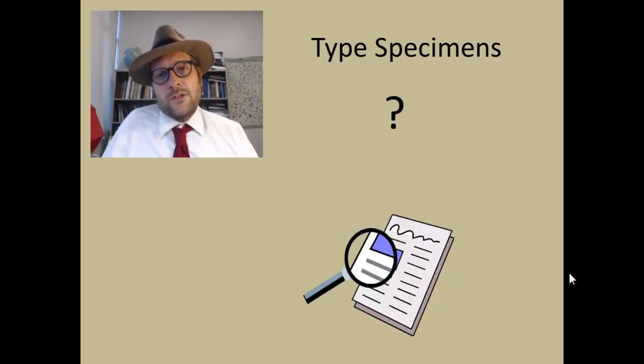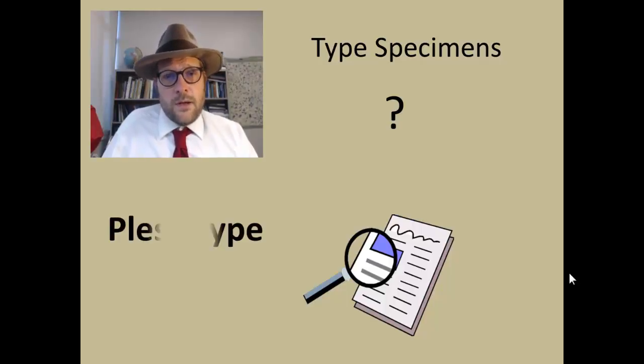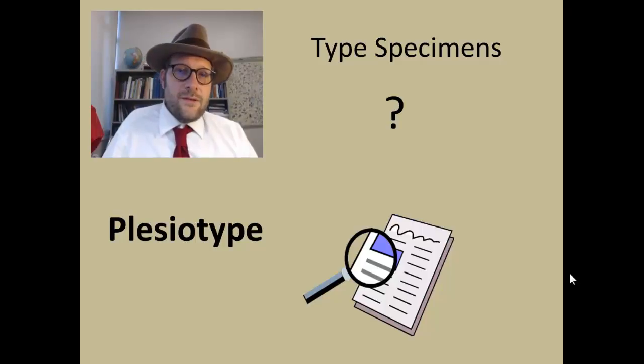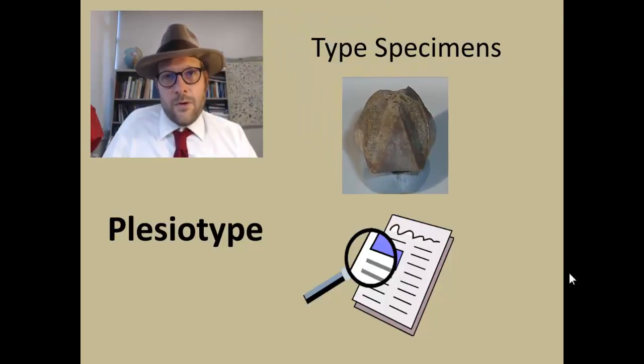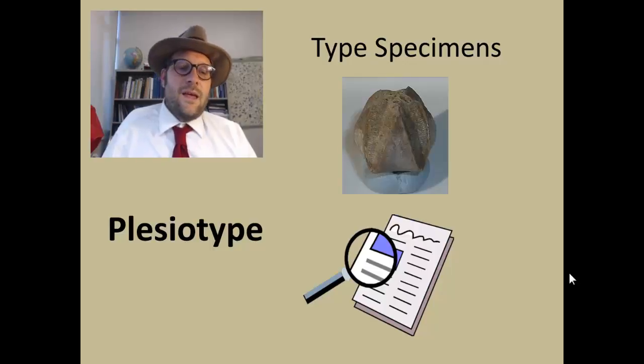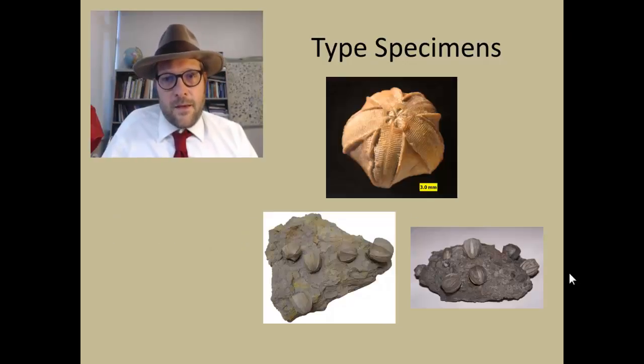Sometimes in older publications, the scientists that originally described the species may not have designated a holotype. And this happened a lot in the 1600s and 1700s when they were still just naming everything. So they didn't designate a particular specimen to be the holotype. In that case, we can designate a plesiotype, and that is that we find a good example of that species and we designate that as a plesiotype.